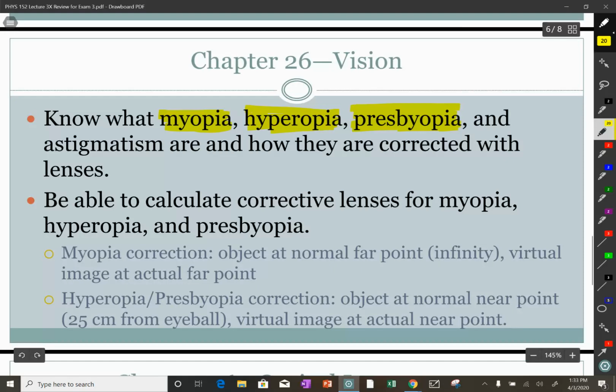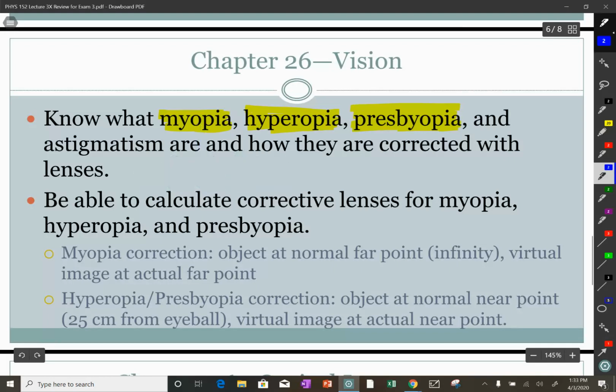So for myopia, a myopic person, either the eyeball is too long or the cornea is too curved.